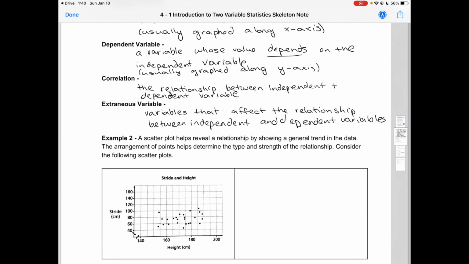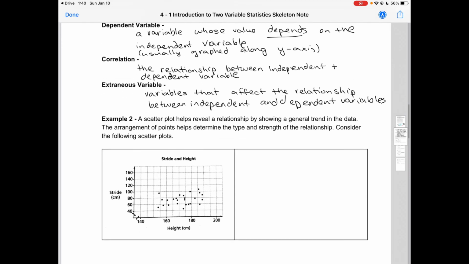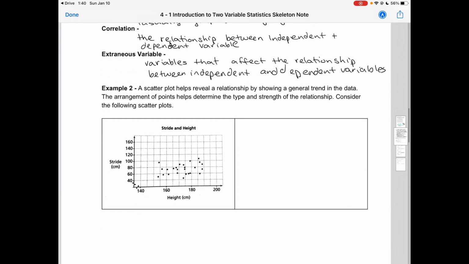So what a scatter plot does is help reveal a relationship by showing a general trend in the data. Here are some examples that we're going to look at. Something that can help is putting a bubble around your data. This one, because the data is clustered, doesn't really show anything.